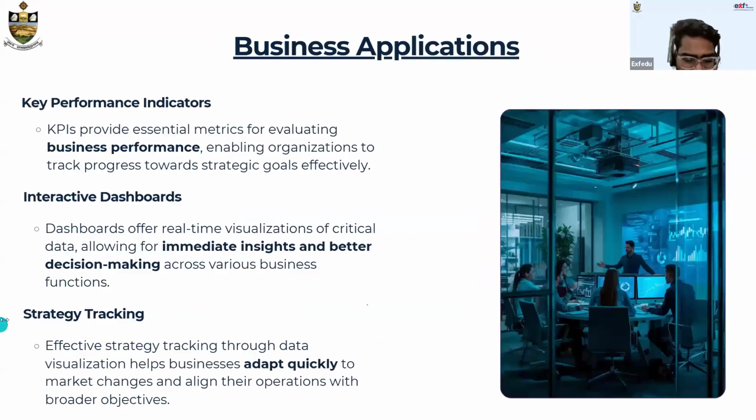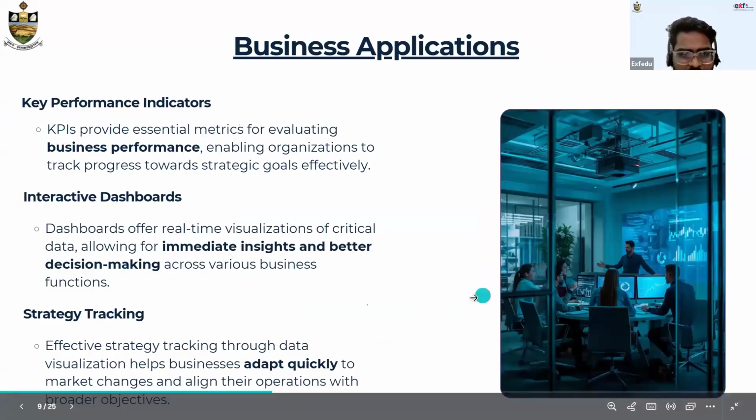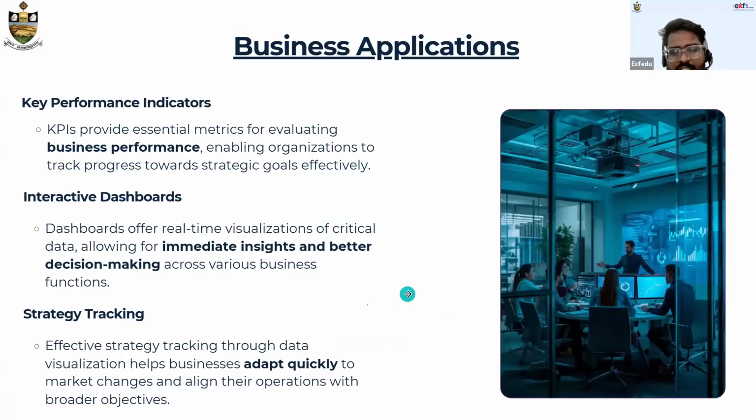And what are the business applications of data visualization? As we have mentioned, we mostly focus on key performance indicators. In short, it's all about summarizations. If I have a lot of data, it doesn't make sense on its own, so I look at terms like total revenue and total amount of products sold.